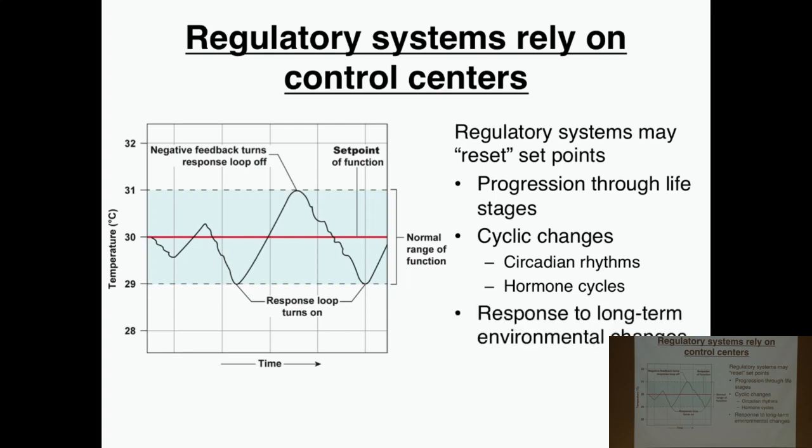You can also have changes in response to long-term environmental changes, or in anticipation of a changing environment. So these are conditions where you may actually start out having one set point and then modify it for a number of different reasons, either physiological or environmental.